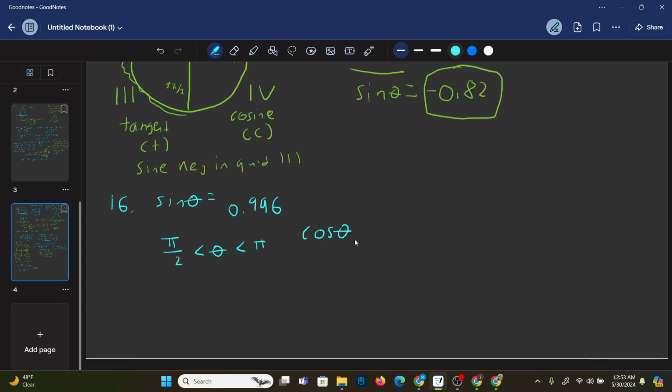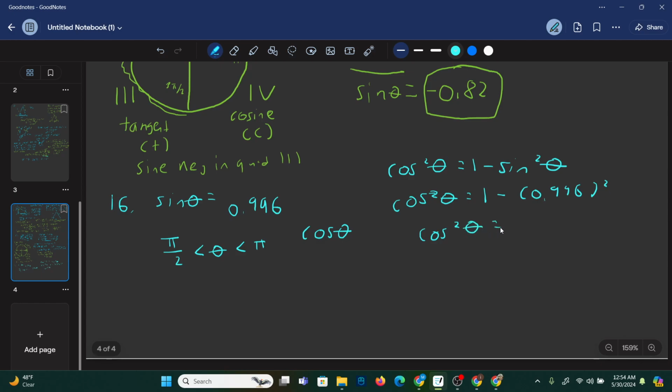And if we want cosine, we would use the formula cos squared theta equals 1 minus sine squared theta. So we just substitute sine. So cos squared theta equals 1 minus 0.996 squared. And then we just calculate this using our calculator.